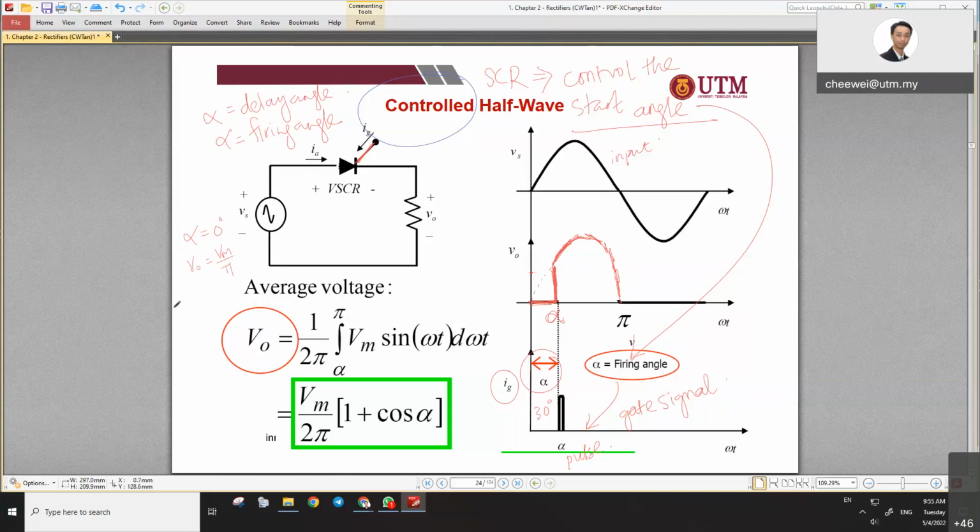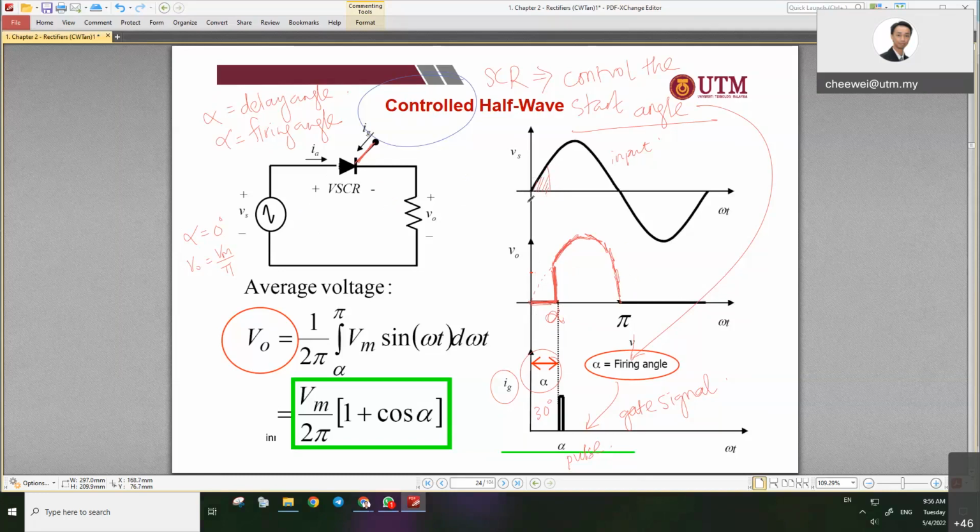Same. Now, if I delay the conduction a little bit, I delay it to alpha, right? So the waveform becomes the red color here, V out. Why? Because from 0 to alpha, there is nothing. So this piece of cake, I need to cut it out because the SCR is still not working. I cut out this piece of cake.